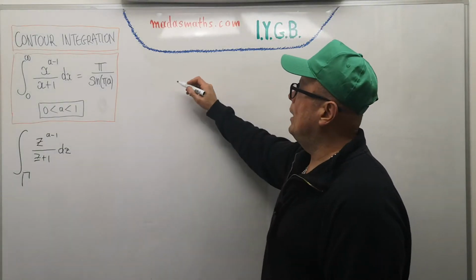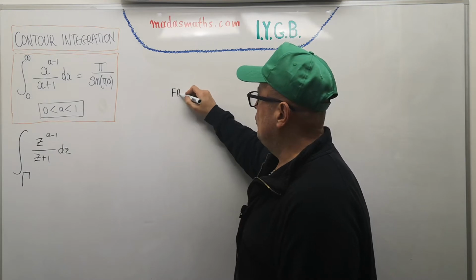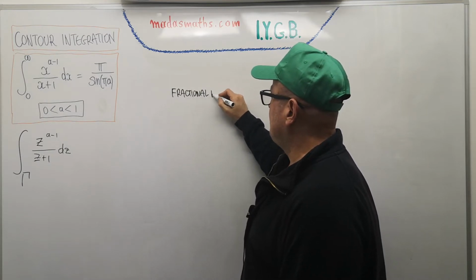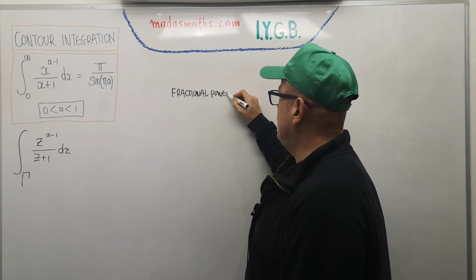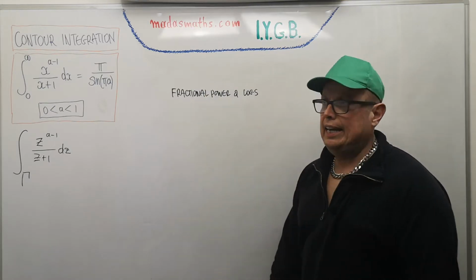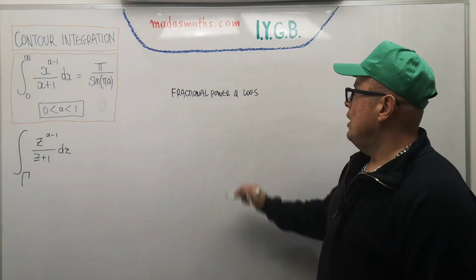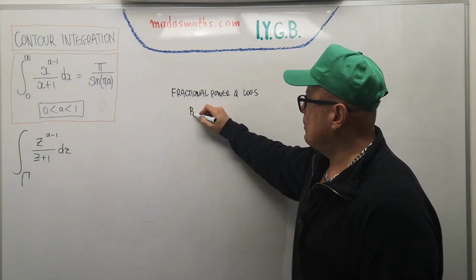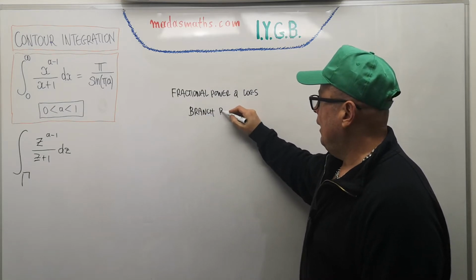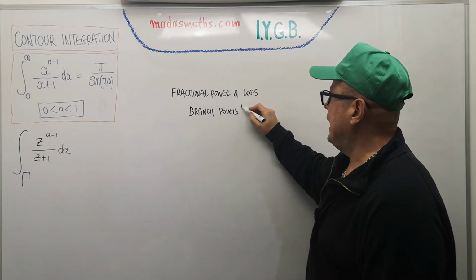The first and most important one is fractional powers. And although we don't have logs here, fractional powers and logs are the common things that do come up often in this type of work. Then we need to think about branch points and branch cuts.